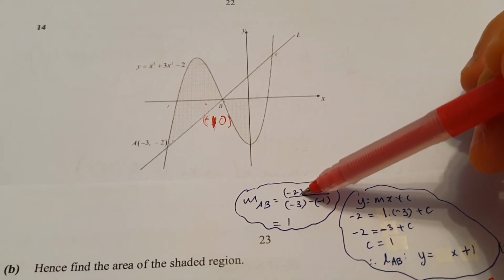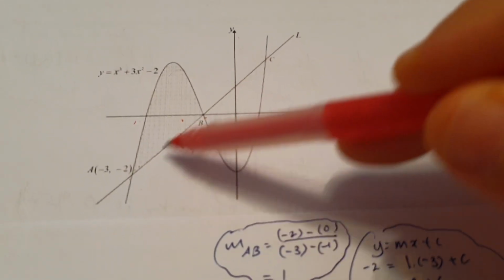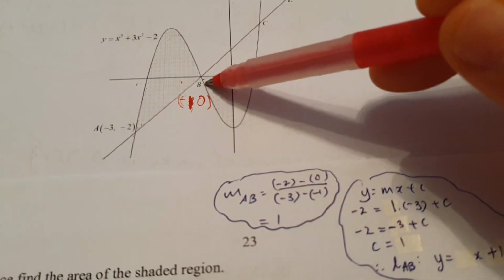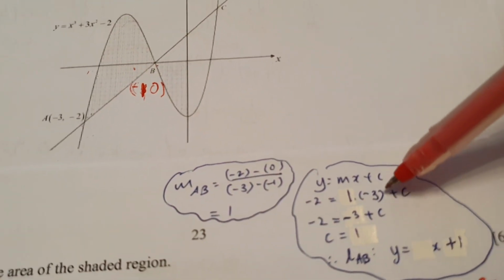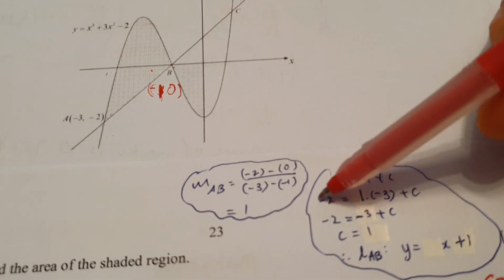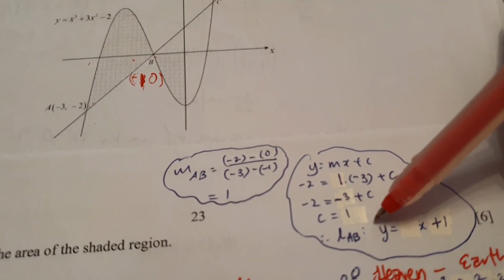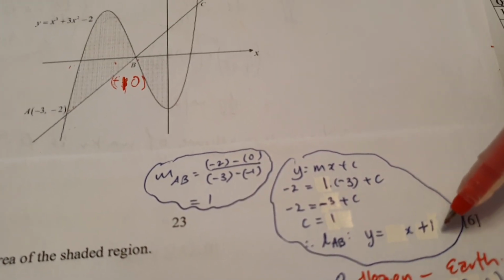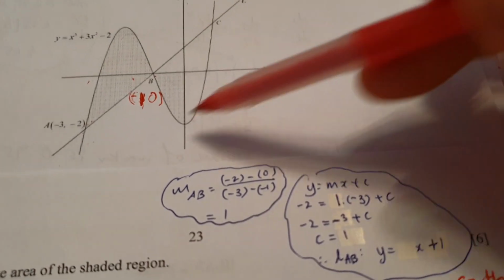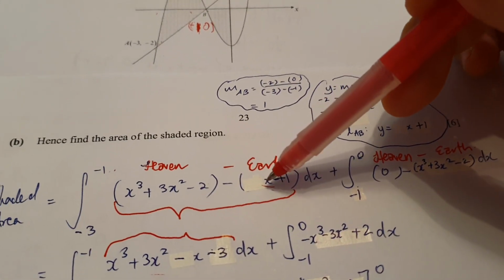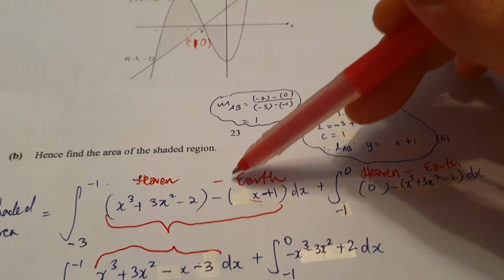Find the gradient of AB, and then use any point on this line. In this case, I use (-3, -2). And I found the equation of the line: y equals x plus 1. So x plus 1, that's your earth.